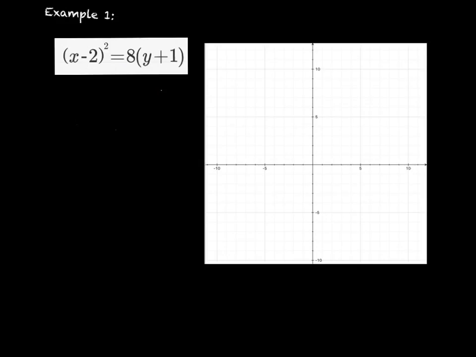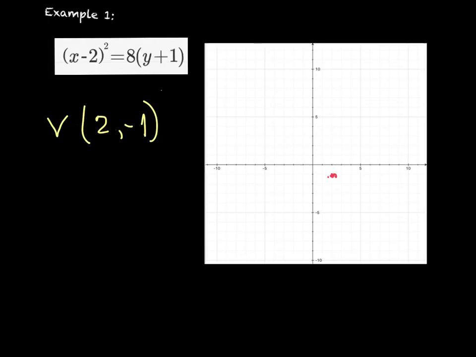The first example is (x minus 2) squared equals 8 times (y plus 1). The vertex in this case is the point (2, -1), because the parabola does not have a center, so the vertex works like a center. Let me change the color so you can see the vertex clearly.